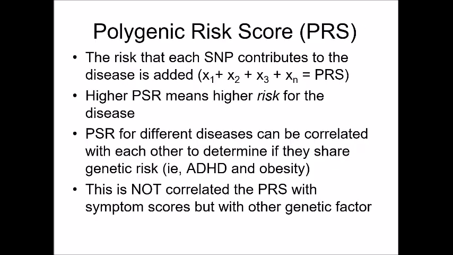Before we go to the missing heritability, though, let me talk about what we do know. If we add up the risk from each SNP, we get a PRS, or polygenic risk score. Sometimes it's called a PGS. And the higher your PRS, the higher your risk for the disease. And then we can correlate the PRSs for different disorders to determine if they share genetic risk.